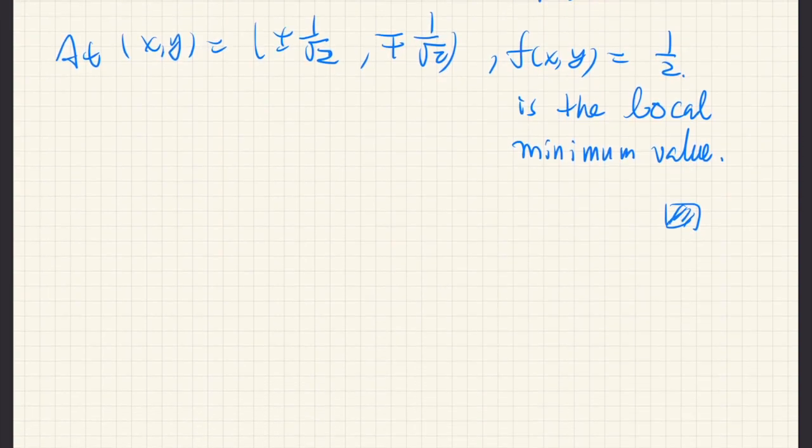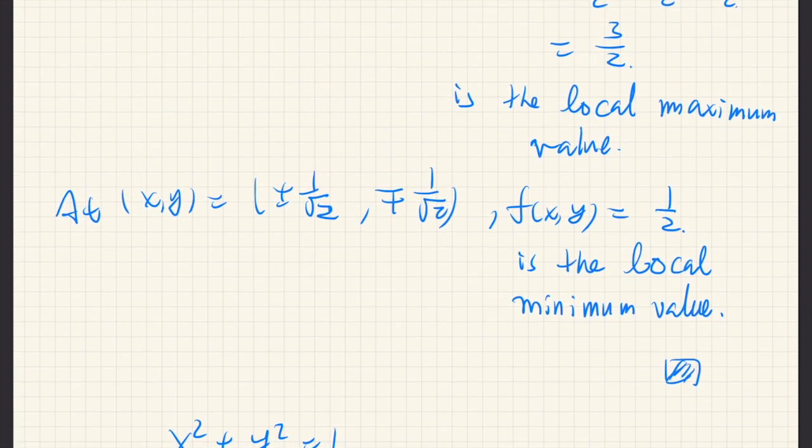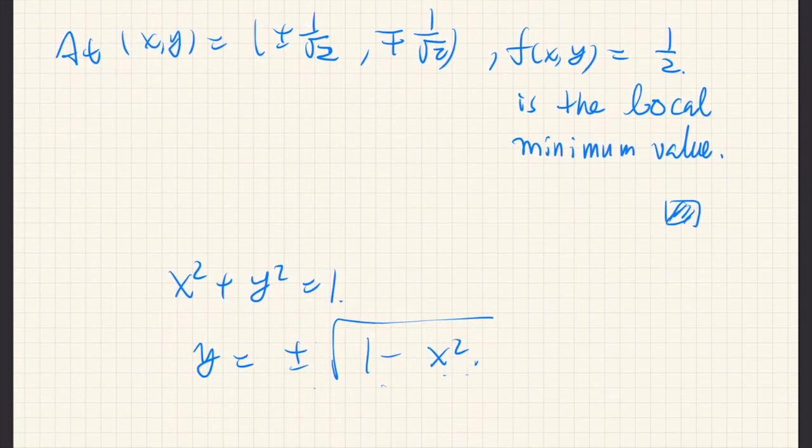Since this is the constraint, we can solve it for y: y is equal to plus minus square root of 1 minus x squared. So either the positive or negative square root of 1 minus x squared is an implicit function. But we never needed this form if we use the method of Lagrange multipliers. That's the beauty of it.